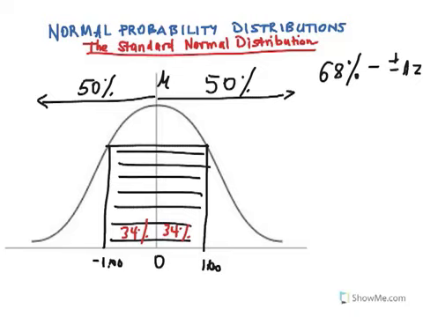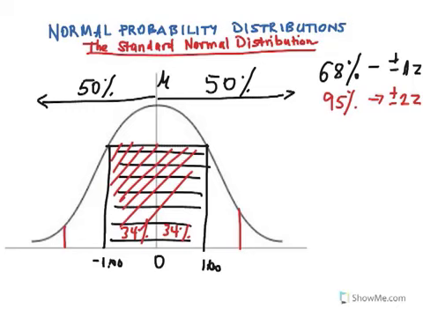Okay? Now we said that 95% of all cases will fall between two z's. Two z's are right over here. So if it's 95%, the middle 95% will include the 68% plus 27 more percent.